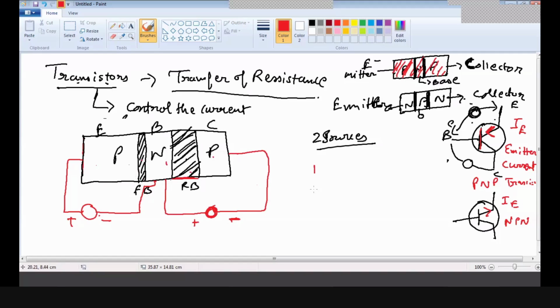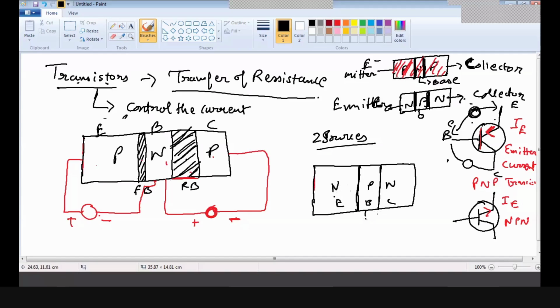Again, if you have an NPN transistor, the same thing you need to do. This is NPN, right? The middle one is the base, and this is the emitter and collector. Now I need to make the junction between base and emitter forward biased and the collector-base junction reverse biased.